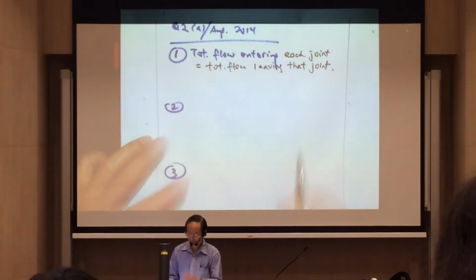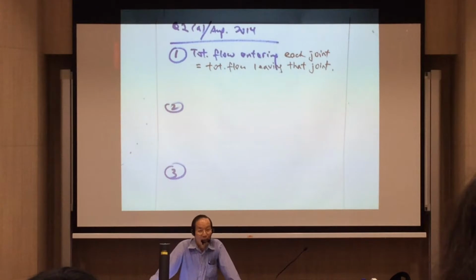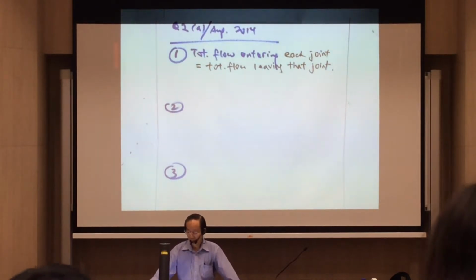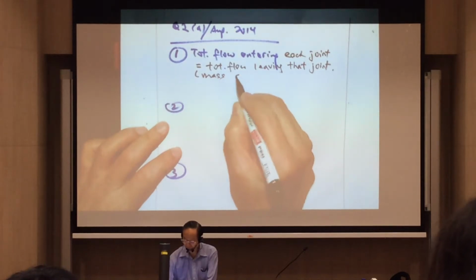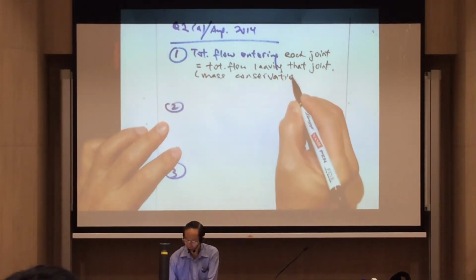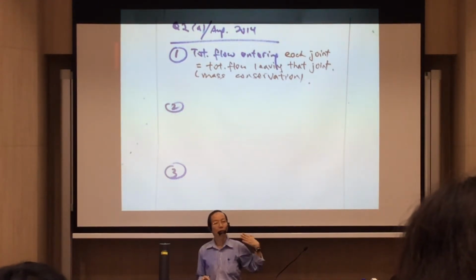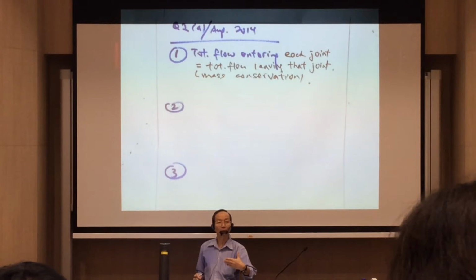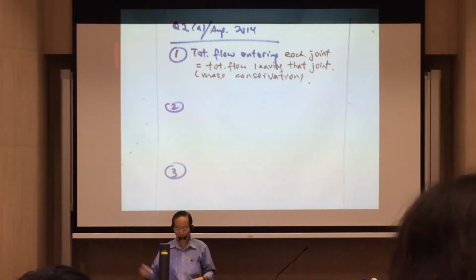It's actually conservation of mass. This is the mass conservation principle. Fluid going into a system, a network, must equal the fluid leaving.